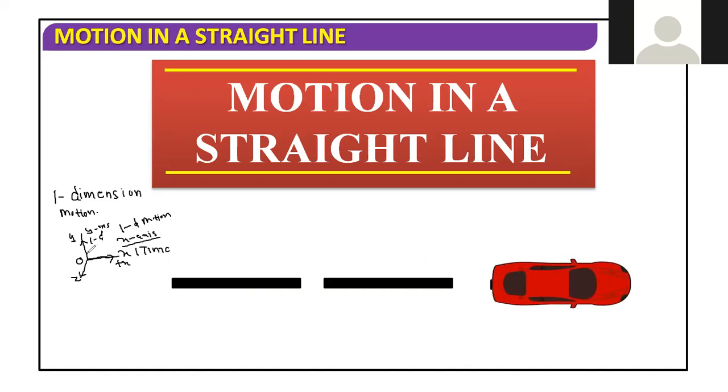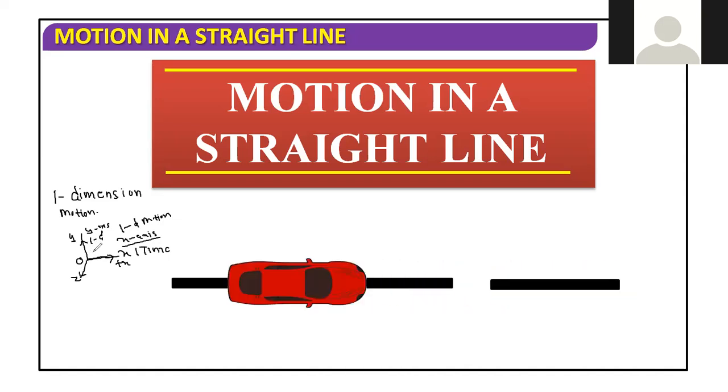So what I mean to say is, in 1D motion, at one time there is only one axial motion, either along the x-axis, the y-axis, or the z-axis. The x-axis is a straight line, so that's why it is called straight line motion or rectilinear motion.